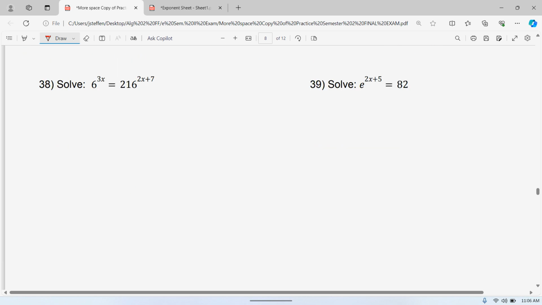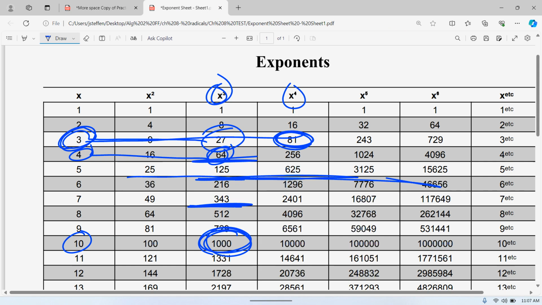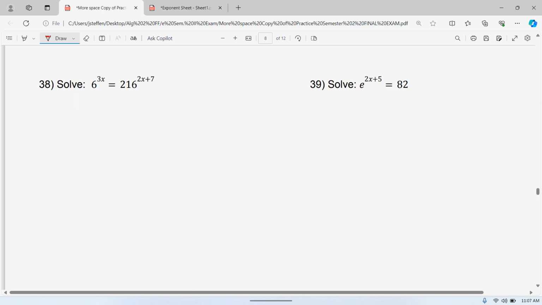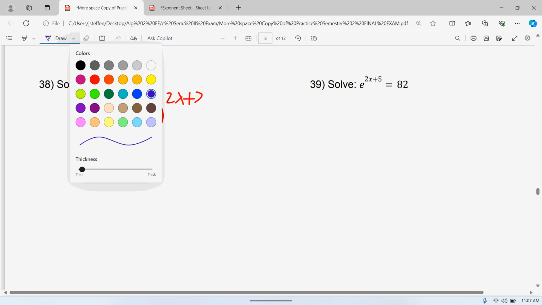Let's see, 36. Again, if you want to take the natural log of both sides, you can do it for practice. Look, 216 is over here, so that's 6 to the third. And remember, we have an exponent raised to another exponent. We had a question like this earlier, where you multiply.